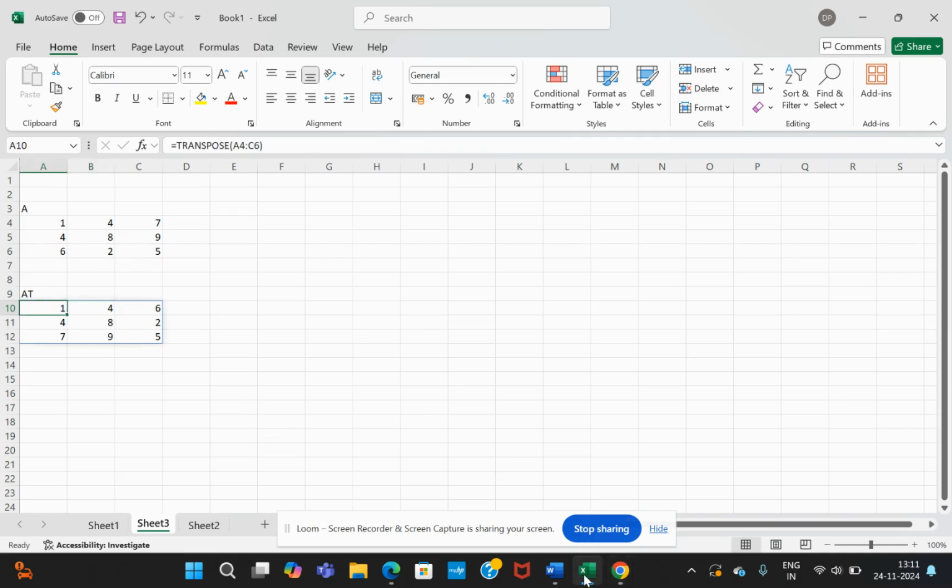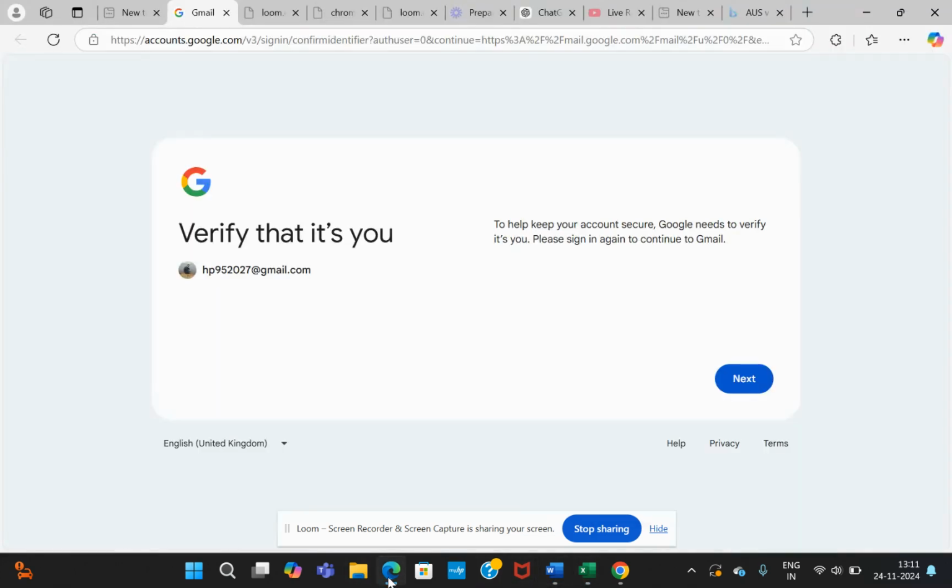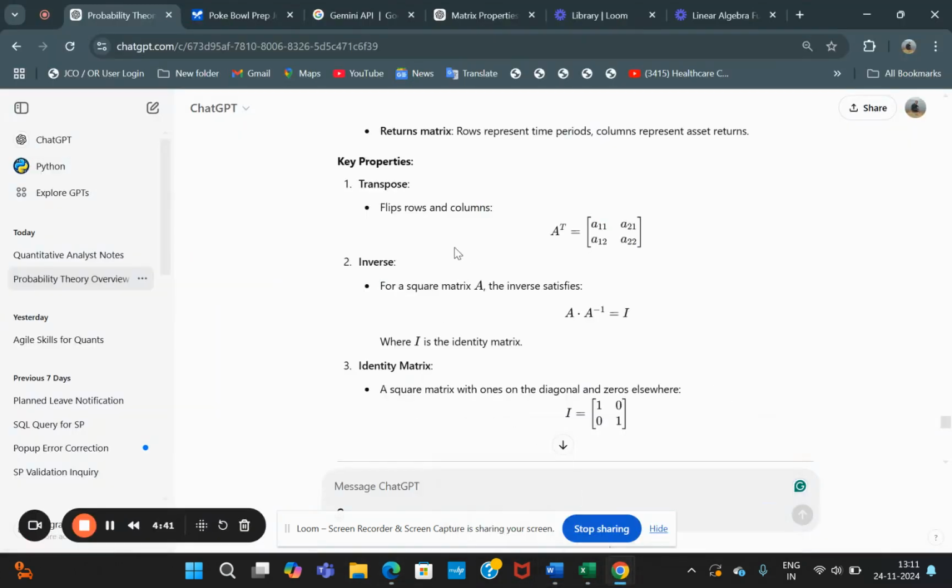So let's move to another point. Let's look at the inverse matrix. There is another concept, singular and non-singular matrices. A matrix whose determinant is not equal to 0 is called a non-singular matrix, and only for such a matrix does the inverse exist.